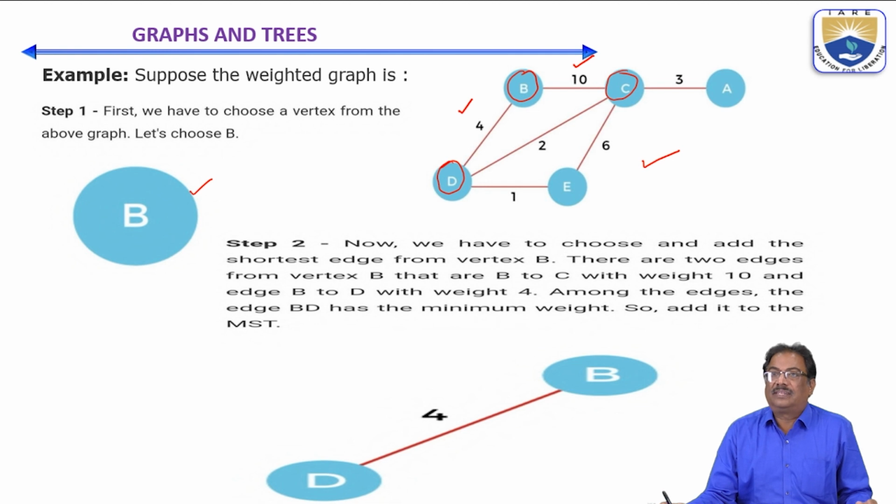So we have to consider the vertex D. So now we have to choose and add the shortest edge from the vertex B. There are 2 edges from B, to C and to D, with weights 10 and 4, so we select the one whose weight is 4. So this is the minimum spanning tree now.